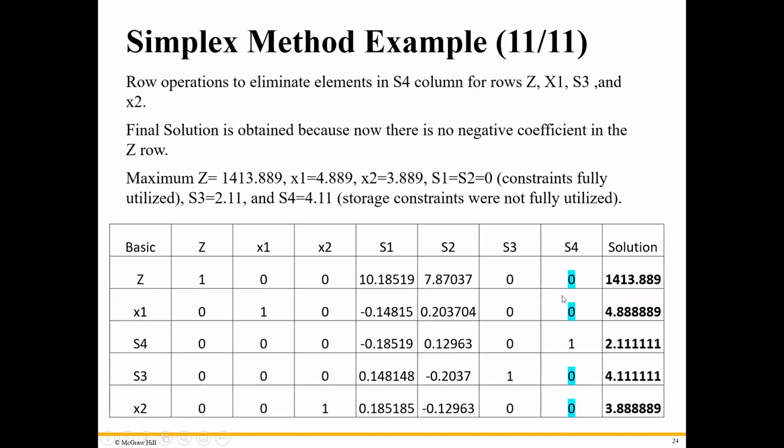After these row operations, we can see that the first row has no negative value. When the first row has no negative value, that means we have achieved the optimal solution.